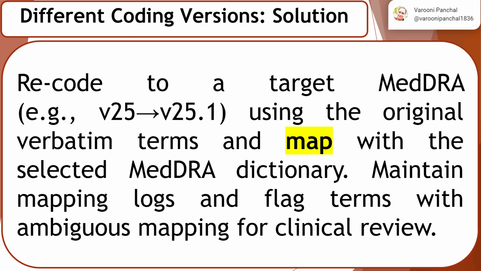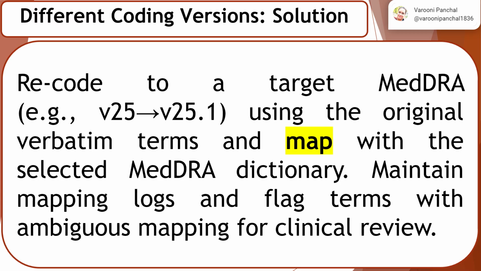Say in a few studies version 20 was used, in some study 22 was used, or in other studies version 24 was used. So whenever you write the statistical analysis plan for an ISS or ISE study, you need to mention very clearly, especially for the adverse event coding and the coding for concomitant medication, which is WHO, what version of these dictionaries you are going to use.